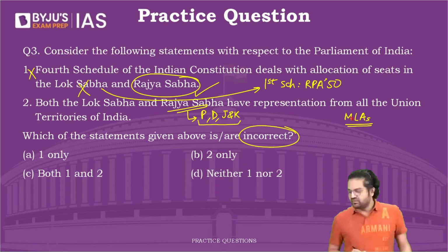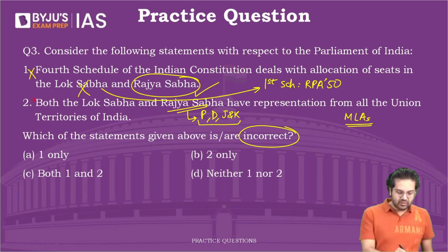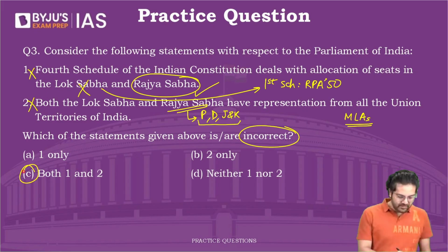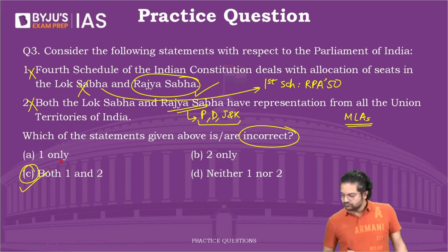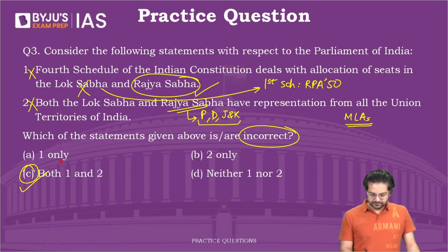So only these 3 UTs. Clear? So this is also wrong. How many are incorrect? Both of them are incorrect. Okay. Moving on to the fourth question.